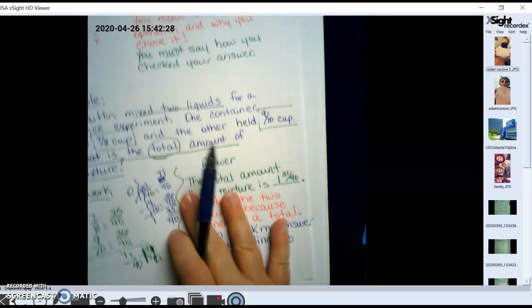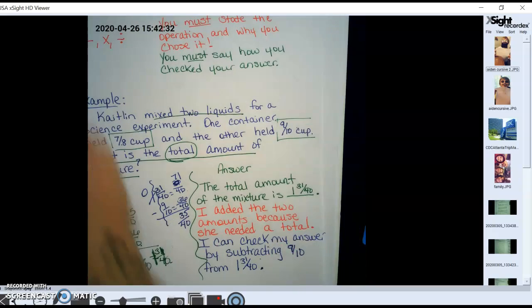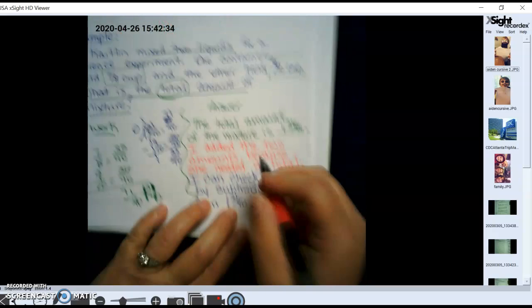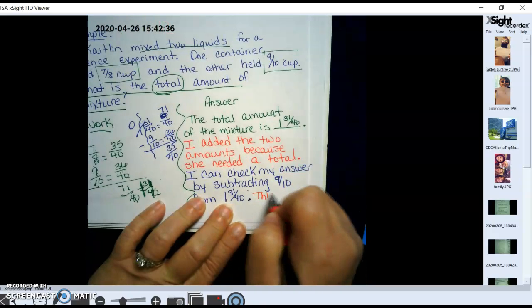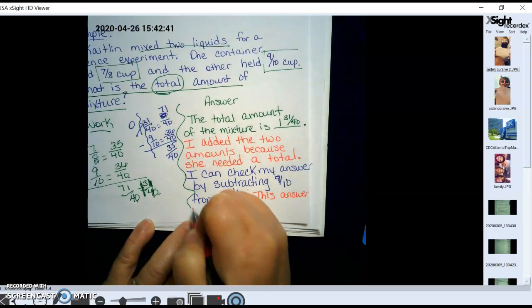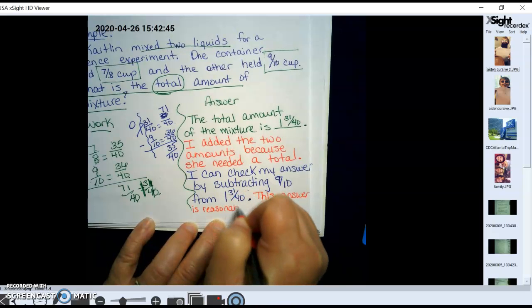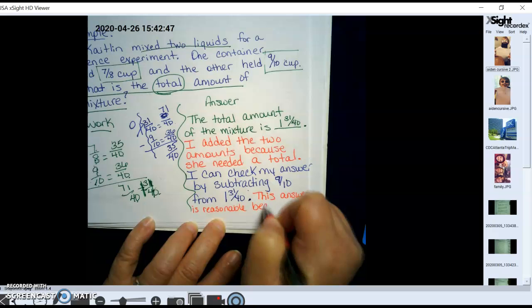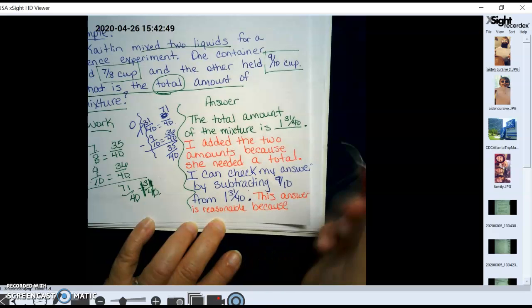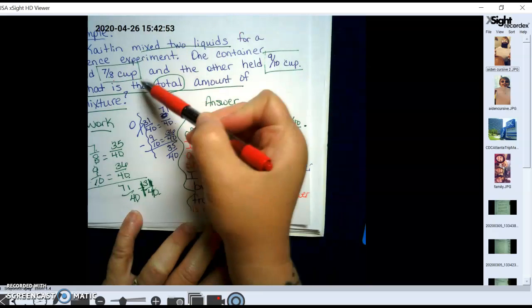Plus, I'm looking up here at this one. I also could have written, this answer sounds reasonable. Let's do that. Let's write this answer is reasonable because I know that 7/8 is almost 8/8, so it's almost 1.